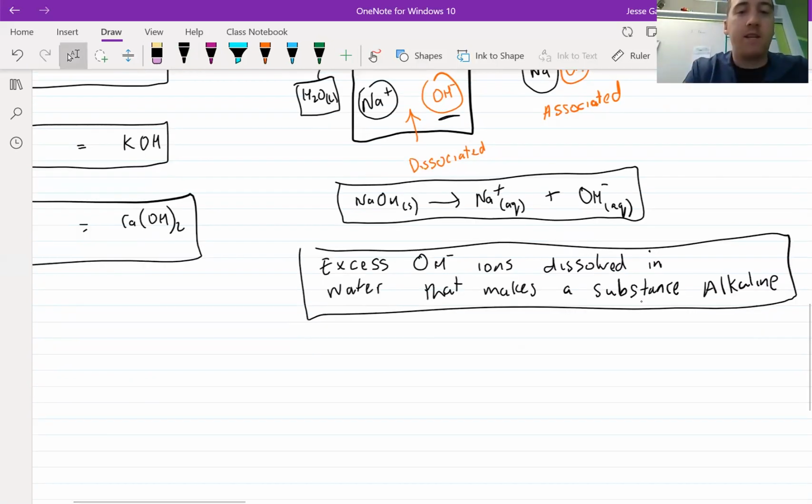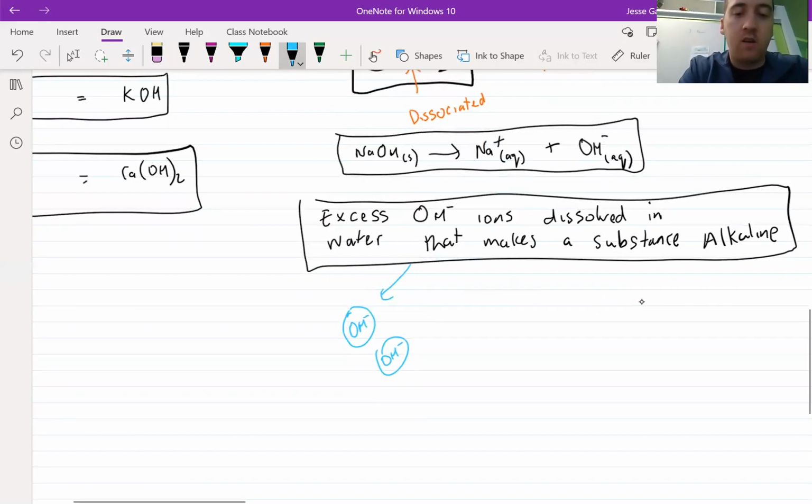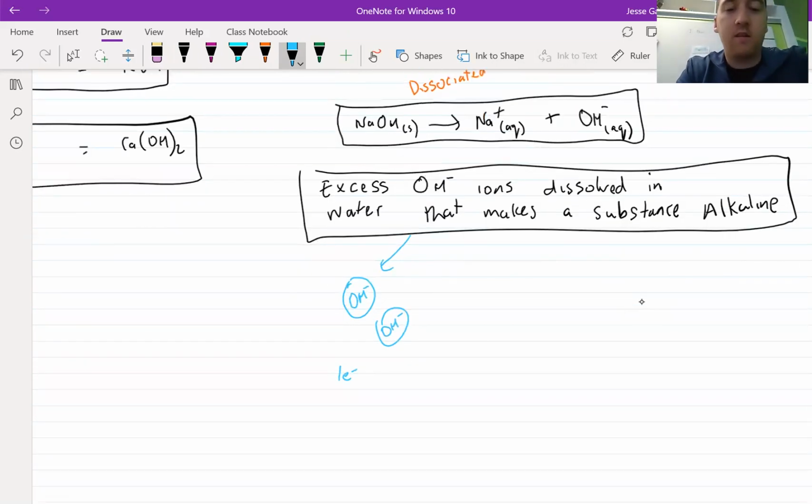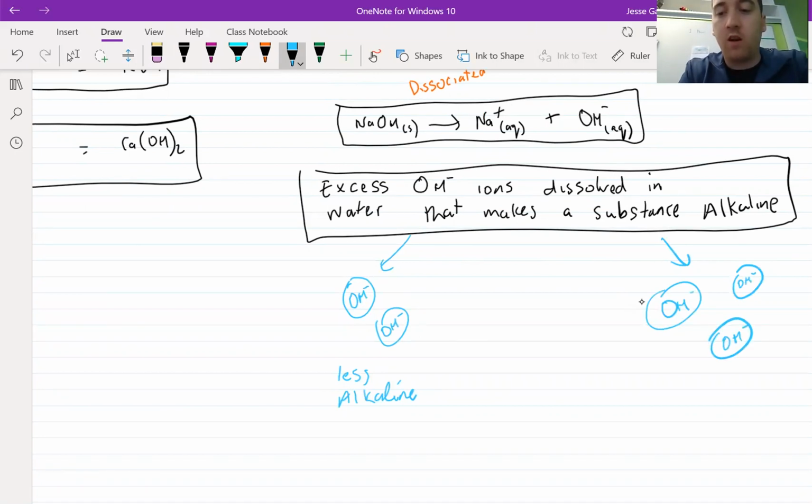And the same idea as before, some substances produce few OH- ions, and these are less alkaline, whereas other substances produce more OH- ions. These are more alkaline.